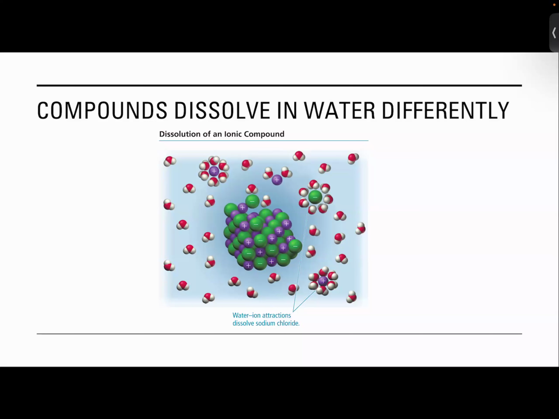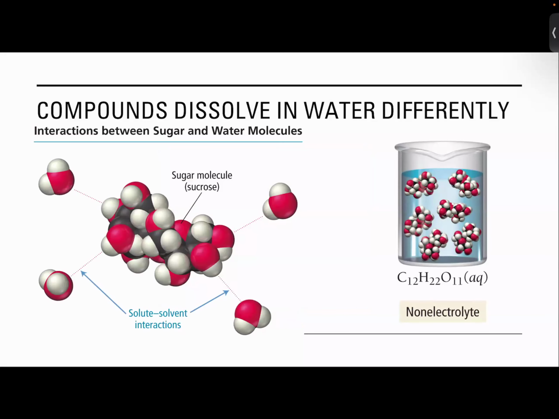But if you do not have free floating ions in solution, then it will not conduct electricity. So an electrolyte is a substance that when it dissolves forms ions in solution. Whereas a non-electrolyte is a substance that when dissolved does not form ions in solution.